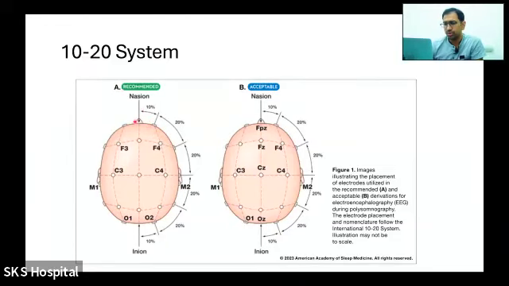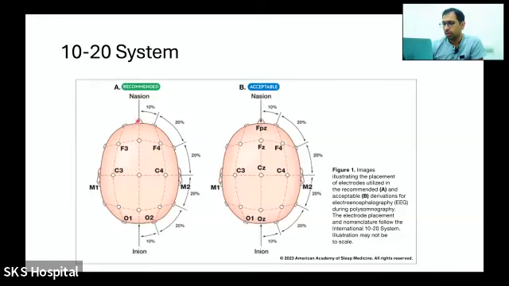So coming to this, you should always know it is between 10 and 20% that are the distances between the landmarks or the points at which you connect. Some of the basics are, as you can see, whatever is on the left side of the central line is all in odd numbers like 3, 1. Whereas the right side of the central line will always be in even numbers, either 4 or 2.